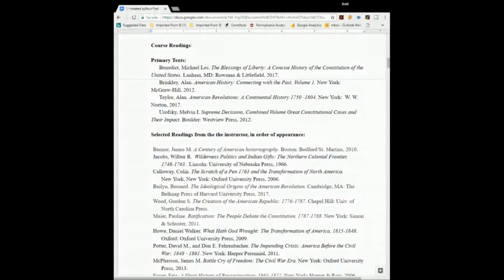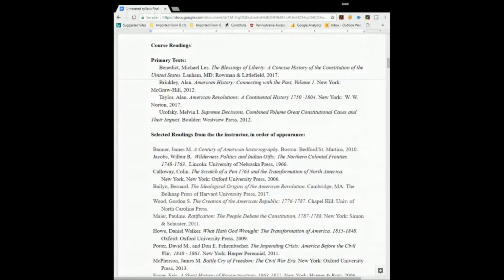So by using those three texts together, they're actually all chronological, which is my organizational theme. They're all in the same time periods, which is great, and they all have different information that complement each other. So you'll find information in Urofsky's book you will not find in the survey textbook, and you'll find more of an amplification than what Brinkley has. So those are my 3 core texts, which will apply to both courses.